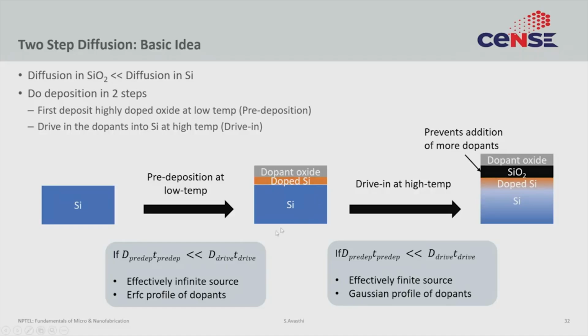So, just playing with the temperature, and hence the diffusivities, of these two steps, you can create an arbitrary recipe. You can make a recipe that is completely infinite source, or completely finite source, or anything in the middle.